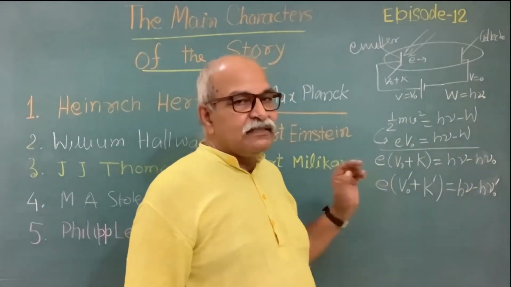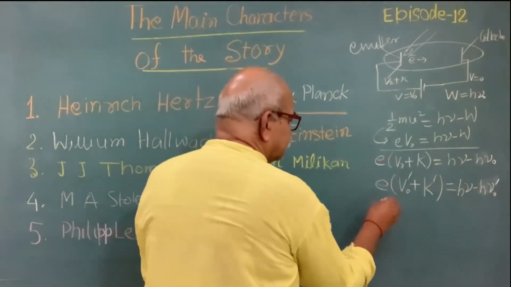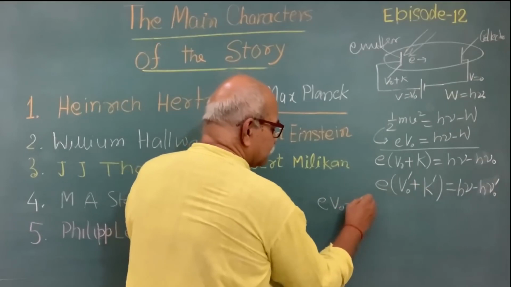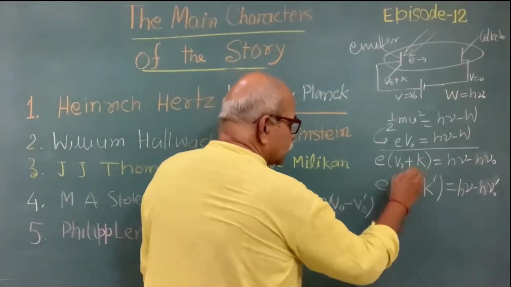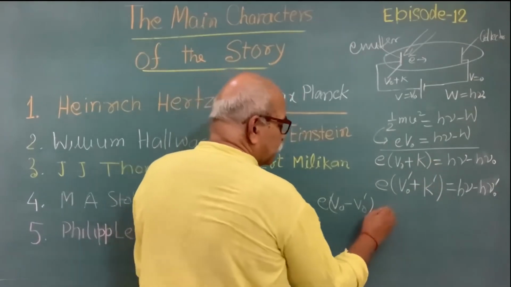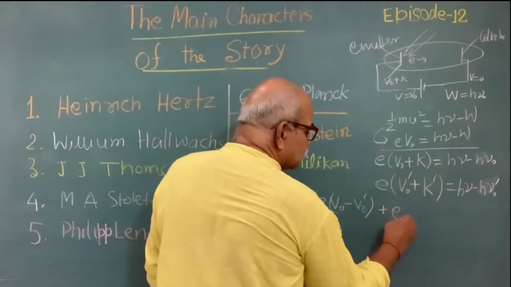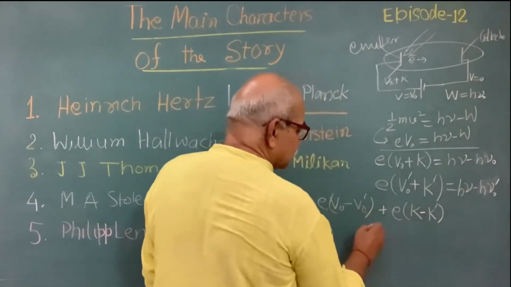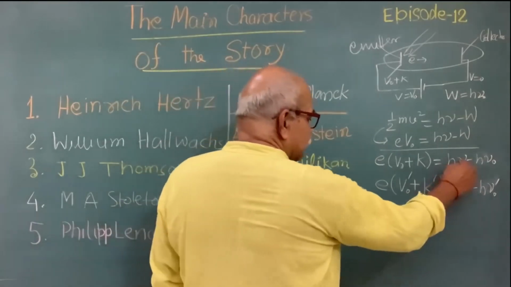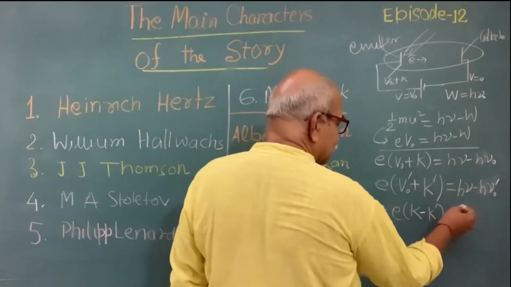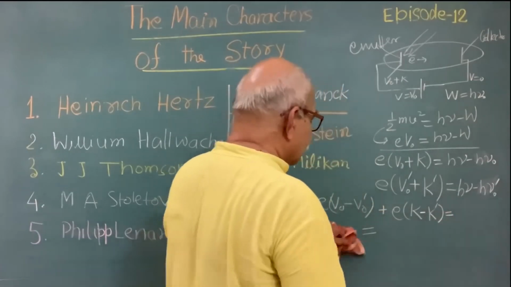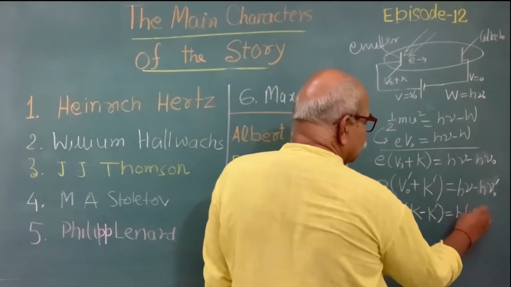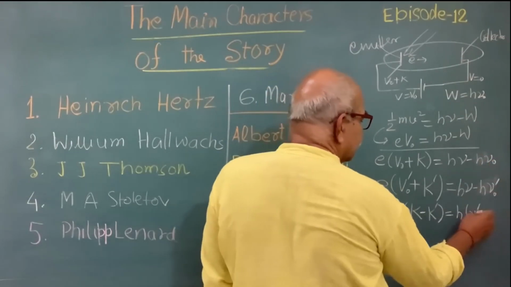Now subtract these equations. What do you get? Subtract E times V naught minus E times V naught prime, so I am subtracting this from this, plus E times K and minus E times K prime. This is equal to, H nu cancels out, and then this minus this, so H here, nu naught prime here, and minus nu naught here.